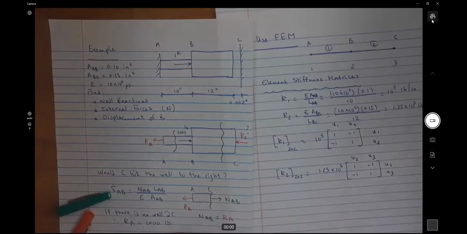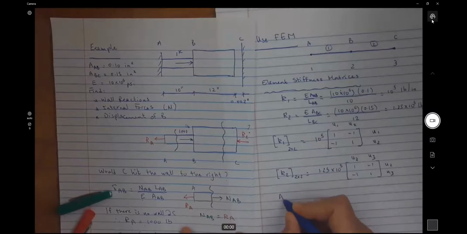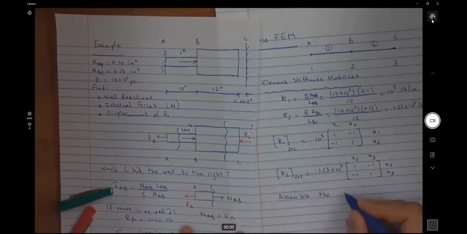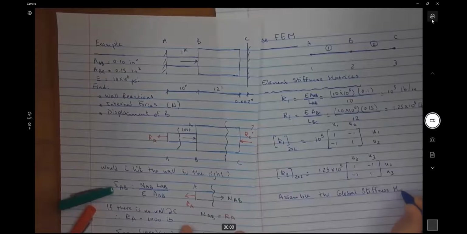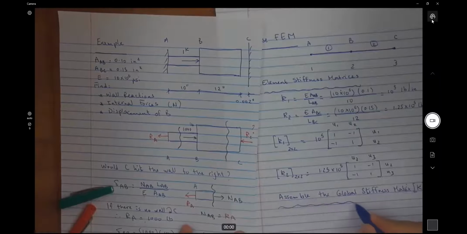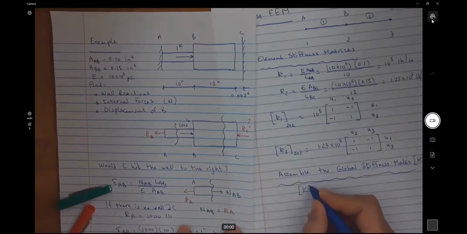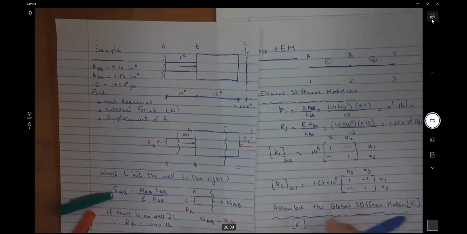Now it is time to assemble the global stiffness matrix. That's the uppercase K. And we said that in this case, we have 3 degrees of freedom, right?